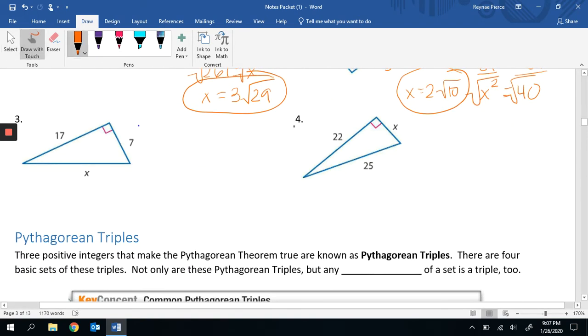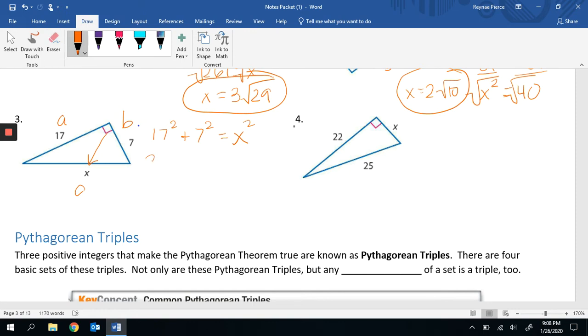Example 3 looks like I'm trying to solve for the hypotenuse first. Again, just like in example number 1. Okay, I'll make 17 my A value, 7 my B value, and substitute them into my Pythagorean theorem.